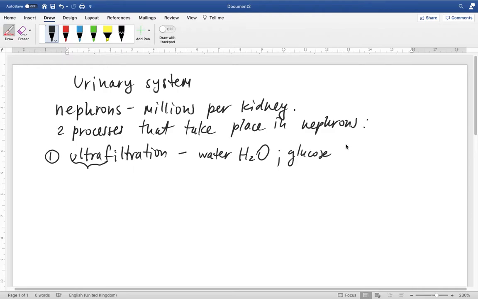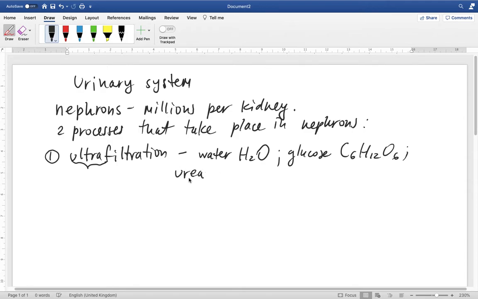So if you think about again the formula for glucose, this will be C6H12O6. So here we've got 24 atoms, so a bit bigger, but again still small enough to be filtered out nevertheless.